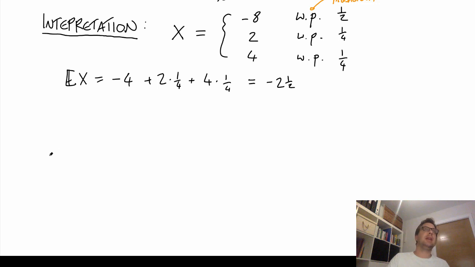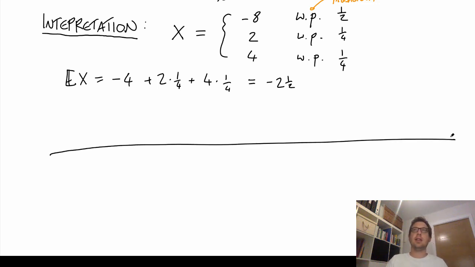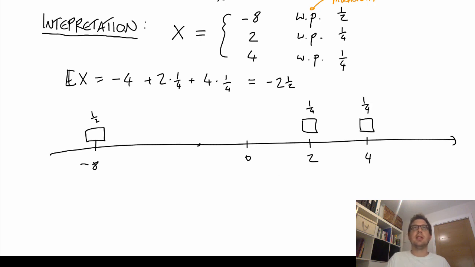What this is doing is taking this line, and on it I've got 0, I've got 2, I've got 4, I've got -8 over here. You can imagine putting a weight in each place: a weight of 1/2 kilogram here, a weight of 1/4 kilogram here, and a weight of 1/4 kilogram here. Then I think, where on this ruler do I need to put my finger in order to balance this?